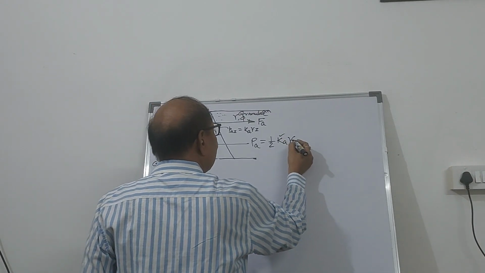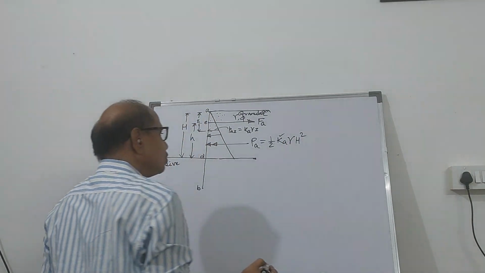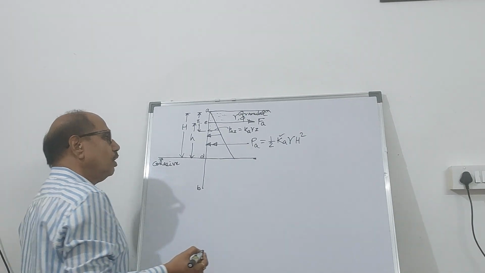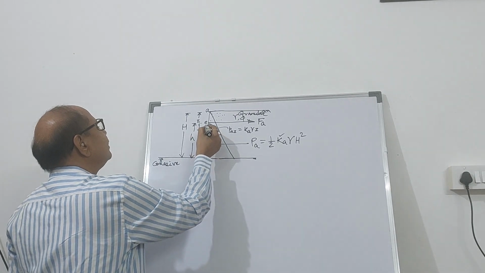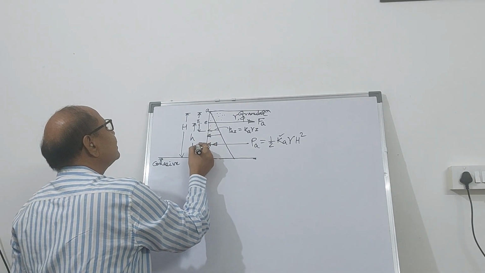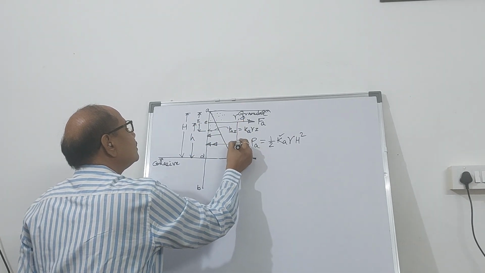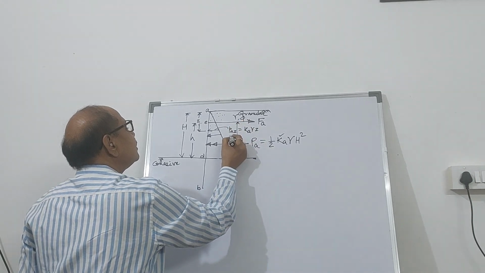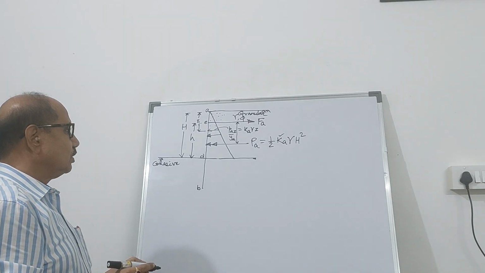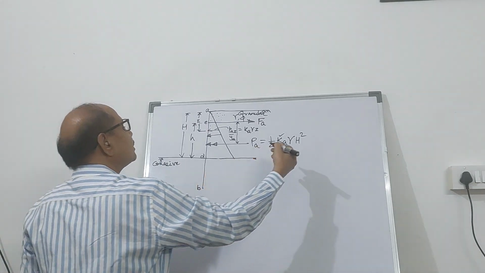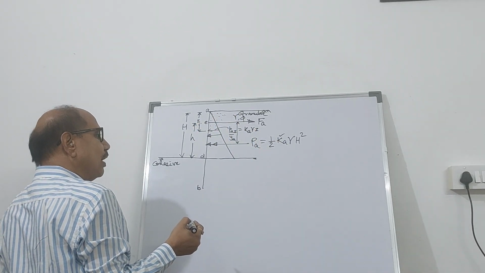So half K gamma, and the height is capital H, so it will be H square. Very simple. And the distance from here up to the anchor rod is YA bar. So the active thrust is acting at a distance of YA bar.